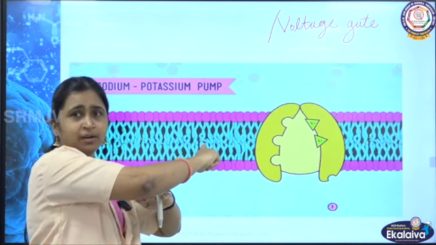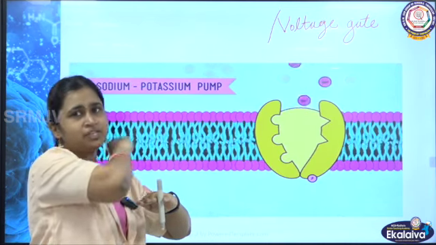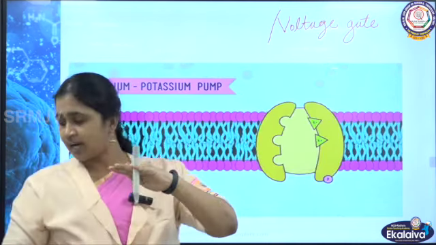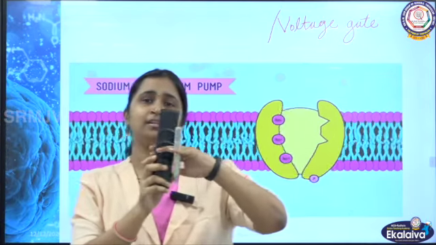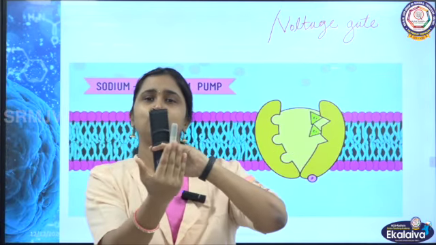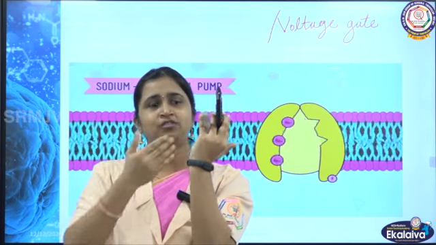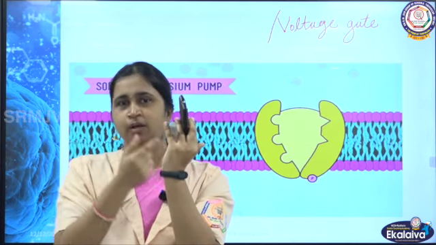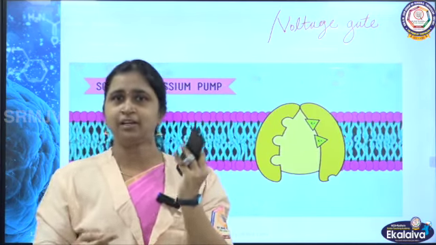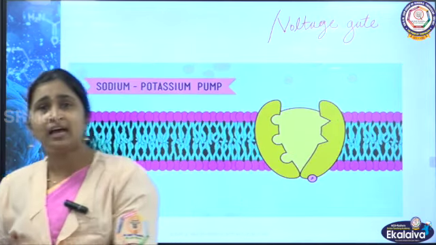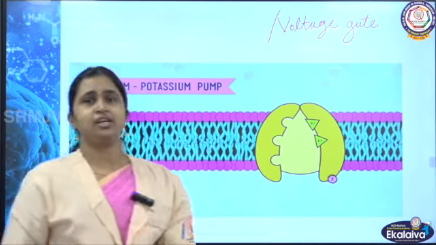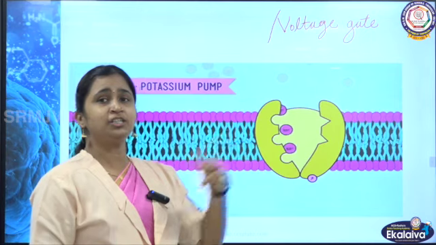What channel am I showing here? Sodium potassium pump channel I am showing here. There are other channels also, one behind the other. When you see in this view, you cannot see it. When you see like this, you can see all other channels here. So, there are sodium channels separately, potassium channel, calcium channel, chloride channel, as well as sodium potassium channel.